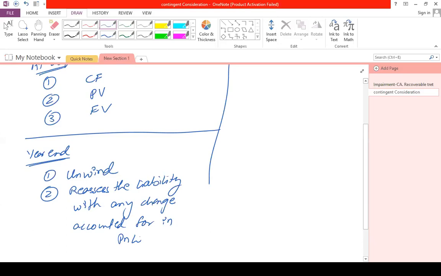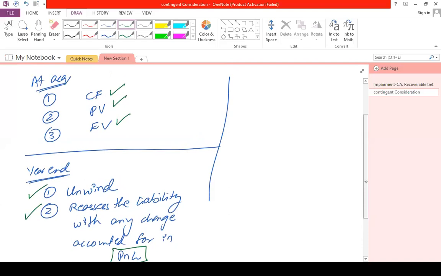So if there's any change, we are going to account for it in the profit and loss as a gain or as a loss. So three impacts: calculate the cash flow, calculate the present value, calculate the expected value at the acquisition date, and then we need to unwind and reassess with gains and losses taken to the P&L.